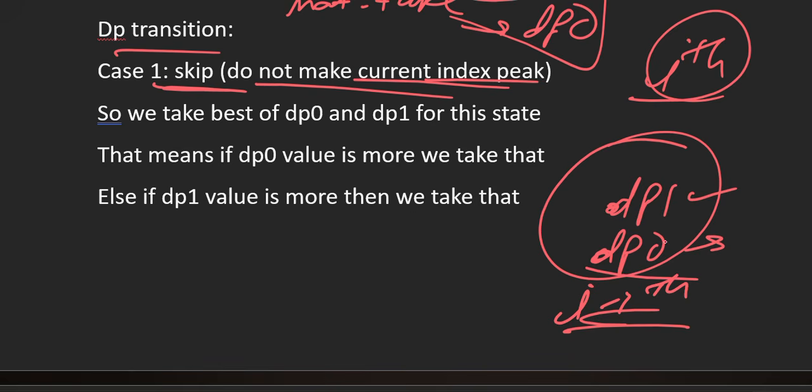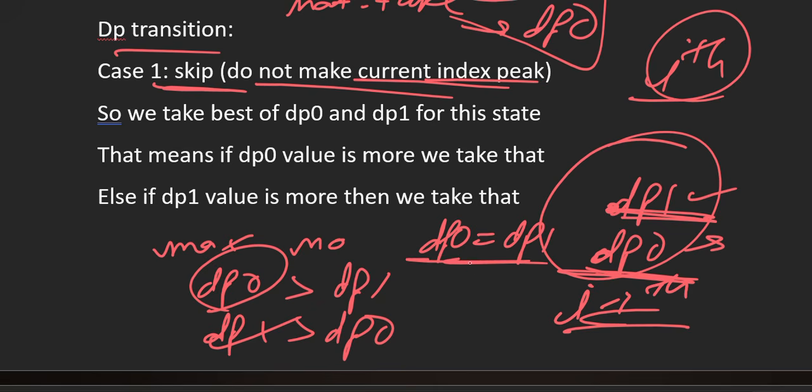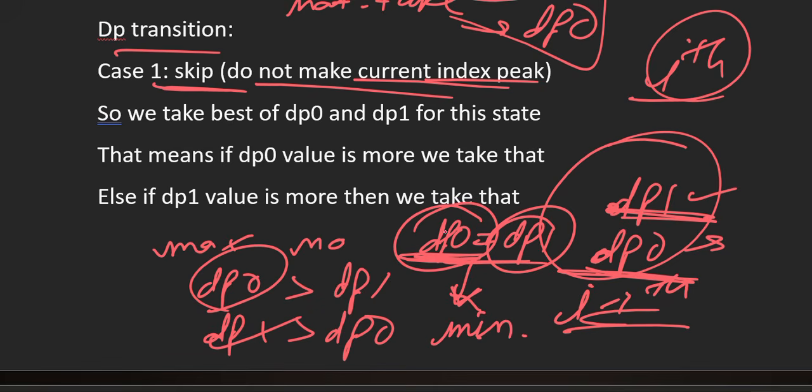Now see, these both are telling the number of peaks, and we want the maximum number of peaks. So if DP0 is greater than DP1, then we take the DP0 state. If DP1 is greater than DP0, then we take the DP1 state. But if both have the same number of peaks, like both have the same value, then we take the one which has the minimum number of operations.